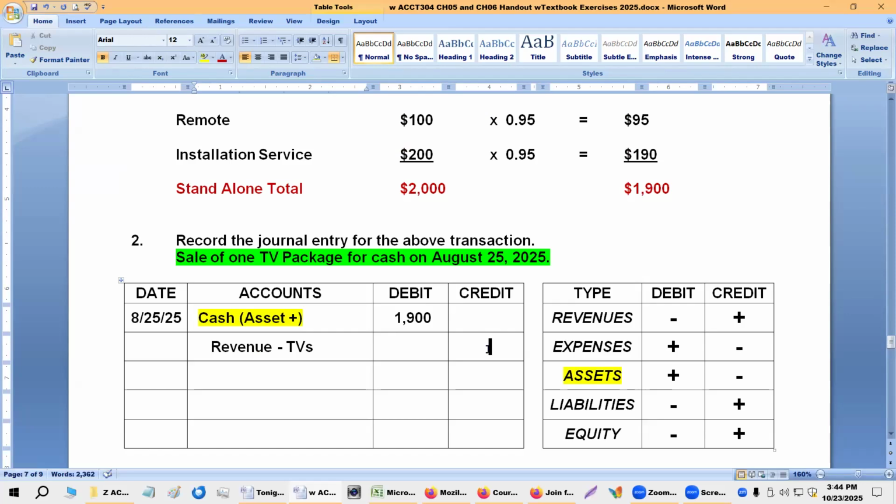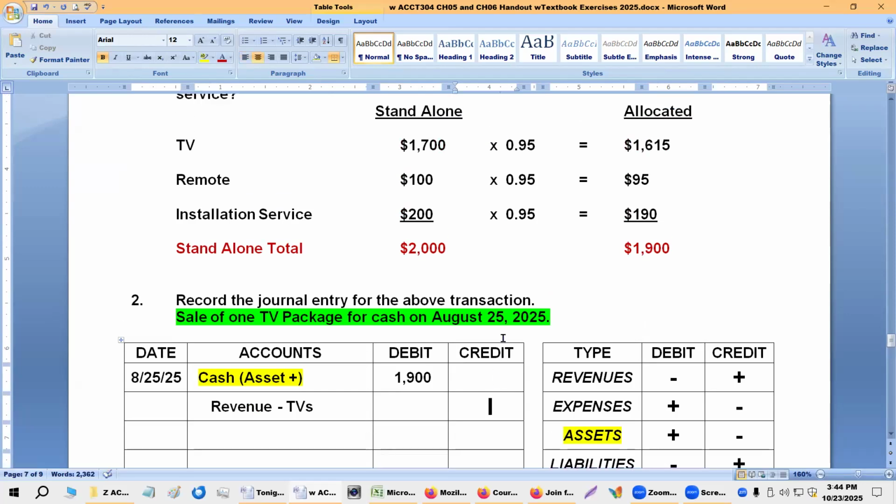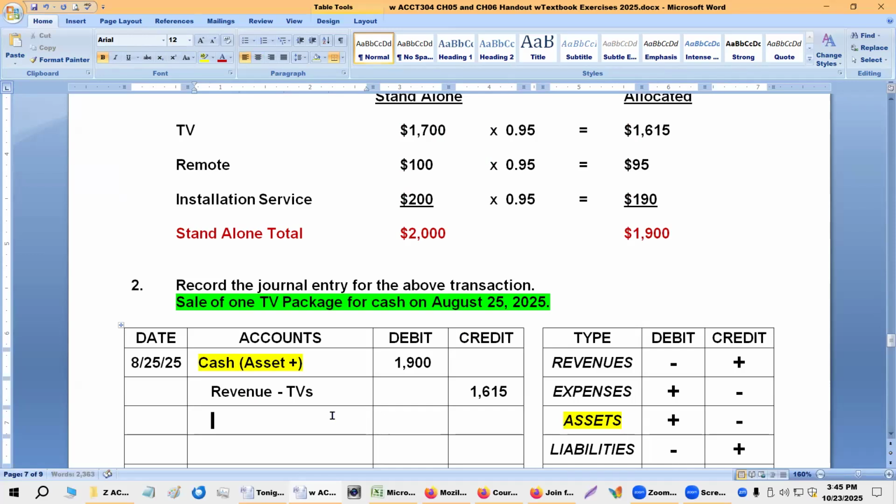So revenue TVs would be 1615. Revenue, I don't know if it's remotes or accessories. I'm going to say remotes. Could be accessories. And revenues, what is it? Revenue installation.